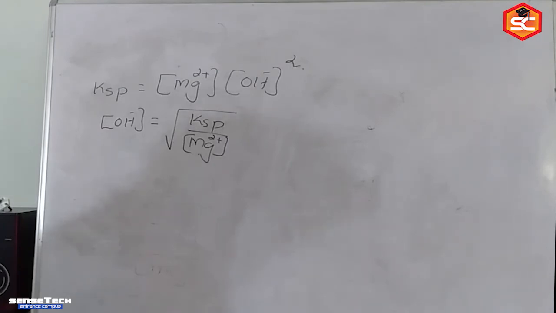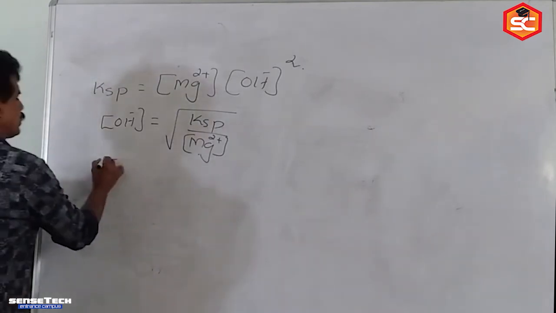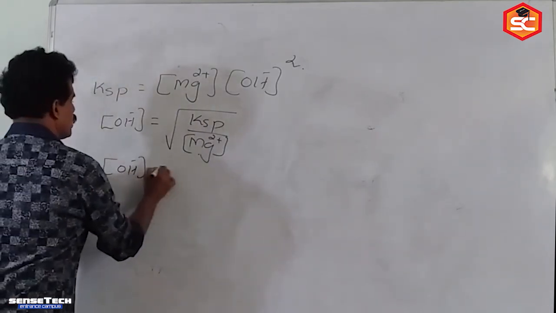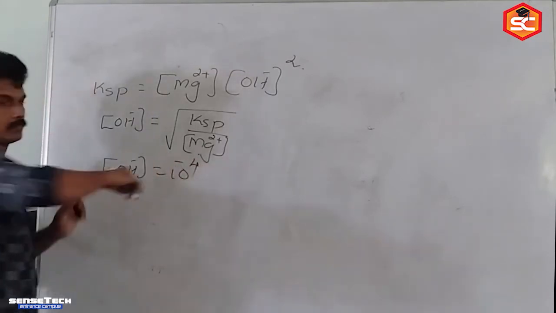So 10 raised to minus 11 by 10 to the power minus 3 is 10 to the power minus 8, and the root gives OH minus equal to 10 to the power minus 4.